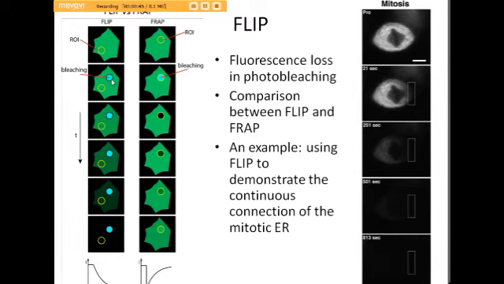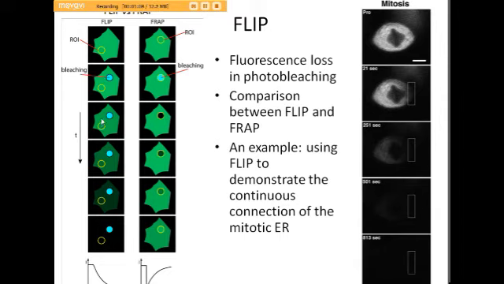By the way, similar to FRAP, FLIP is also performed using a laser scanning confocal microscope. So we keep on photobleaching this region. At the same time, simultaneously, we monitor this region's image. We can continuously image the whole cell and monitor the intensity within this ROI.